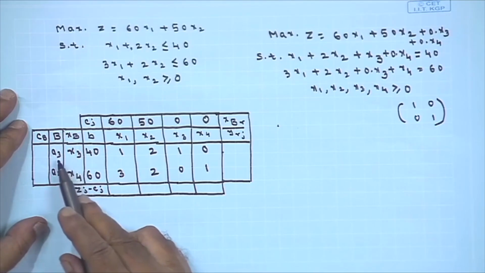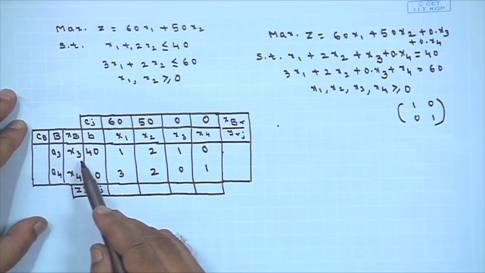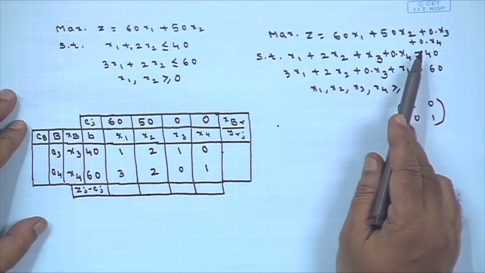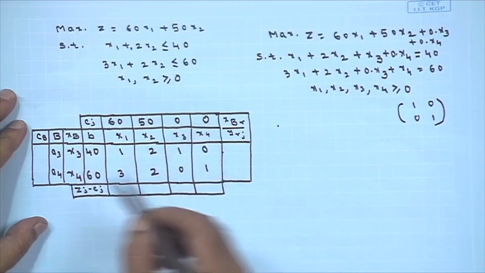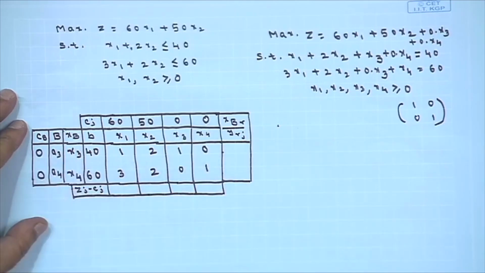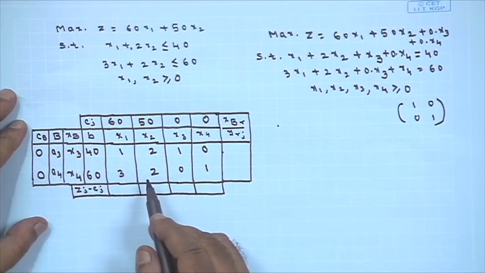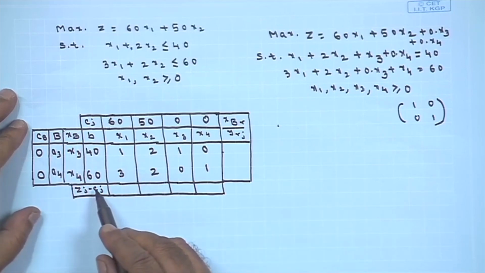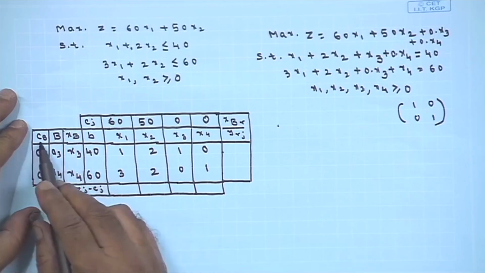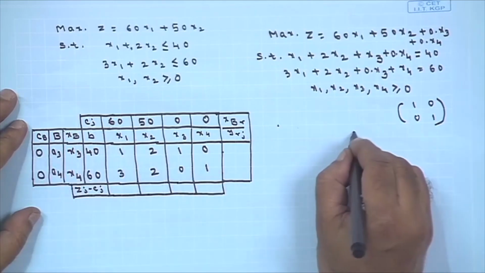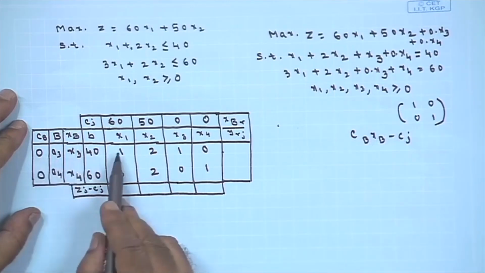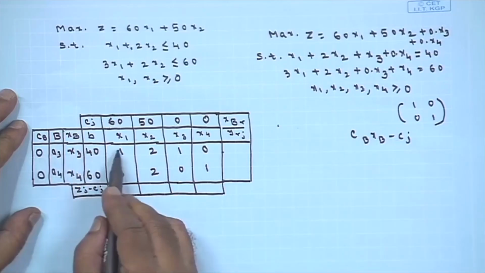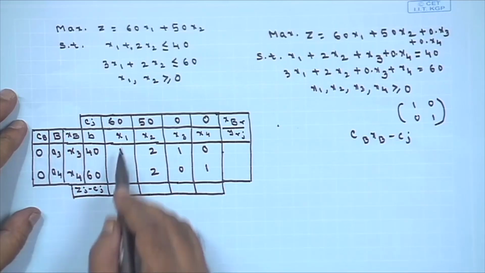For Cb, what is Cb? Cb is the coefficient of x3 and x4 in the cost function, that is 0 and 0. Now, you have to calculate the value of zj minus cj. zj minus cj is Cb xb minus cj, that is 0 into 1 plus 0 into 3 minus 60.